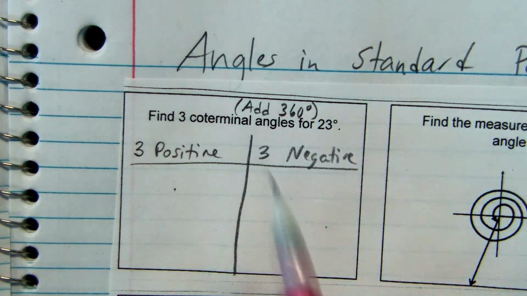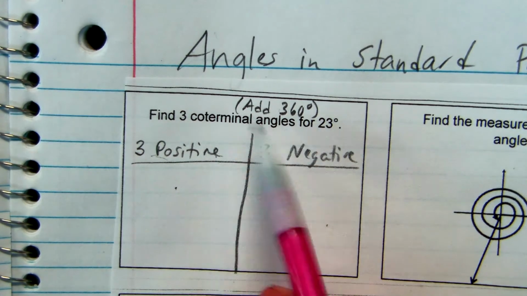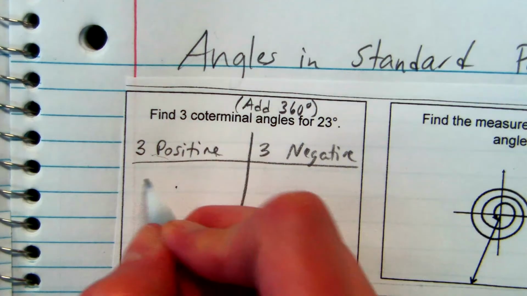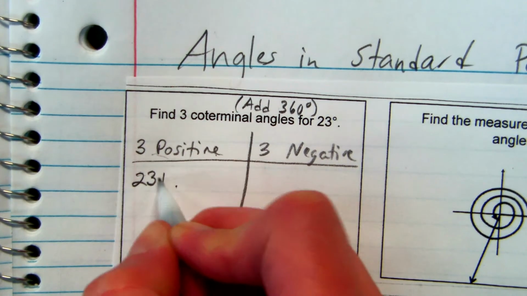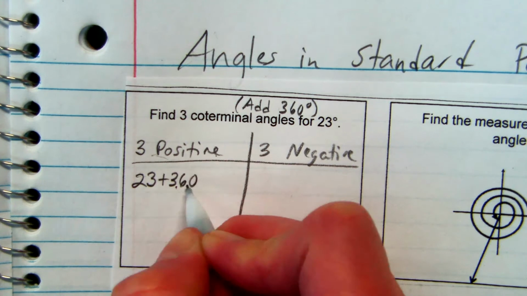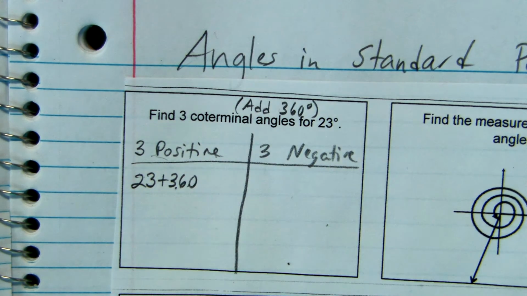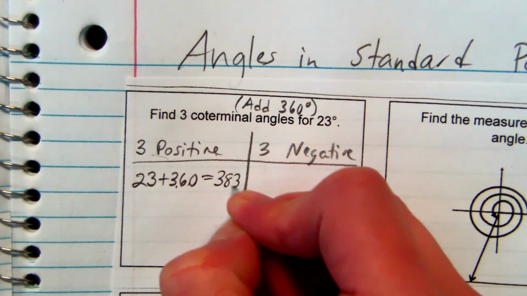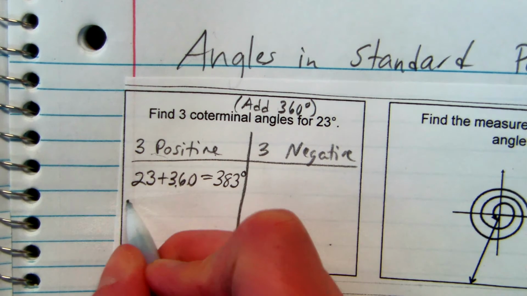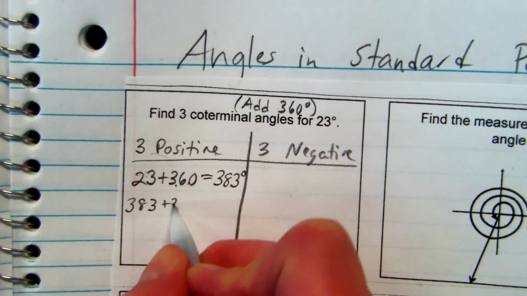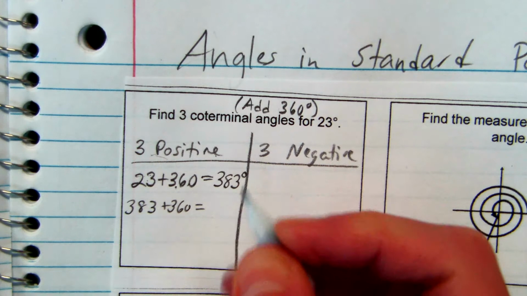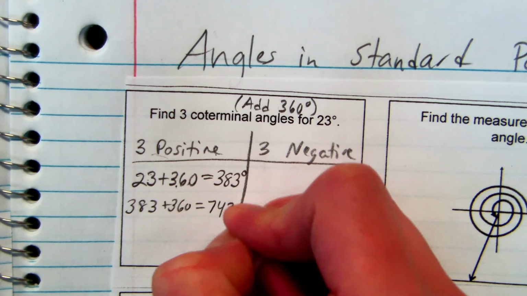Okay. If I want to find 3 positive coterminal angles for 23, I'm going to take 23 and add 360 because that adds a full turn. It is 383. So 383 degrees. Then I can take that 383 and add 360 and we get 743.